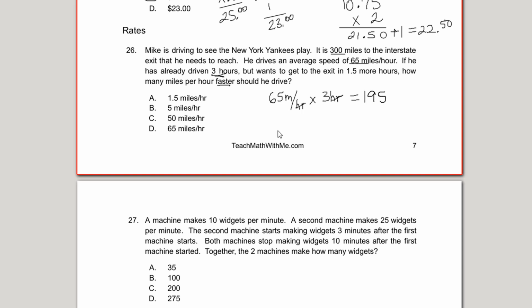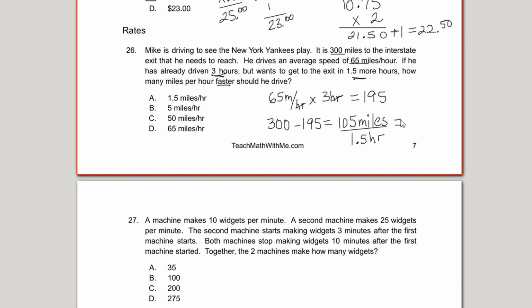He needs to go 300 total. So I'm going to take the 300 and subtract 195 from it. He has 105 miles to go. But he wants to do that in 1.5 hours. So his rate of driving should be 105 miles divided by 1.5 hours.